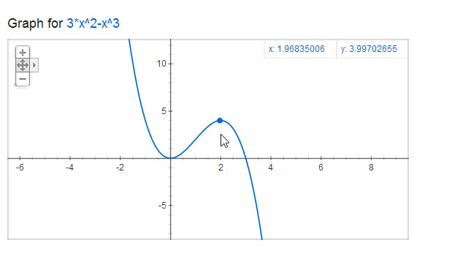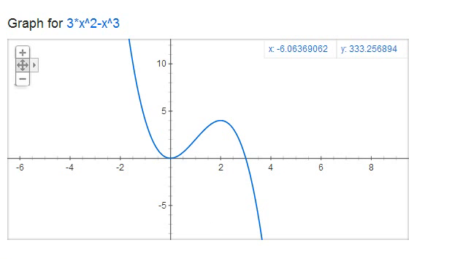So we have a local max occurring at 2, 4, and then 0, 0, right? And you can see that the function is decreasing, and we're talking about x values here, from negative infinity up to 0, then increasing from 0 to 2, and then decreasing from 2 out to positive infinity.